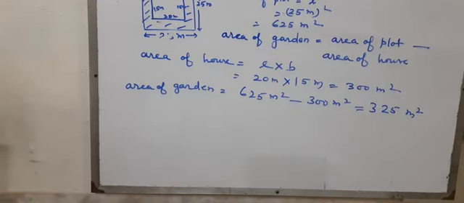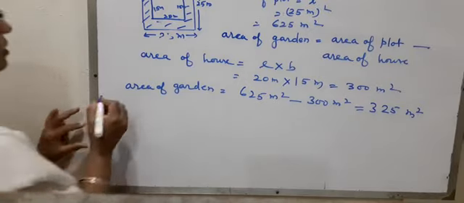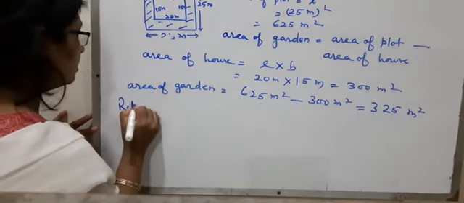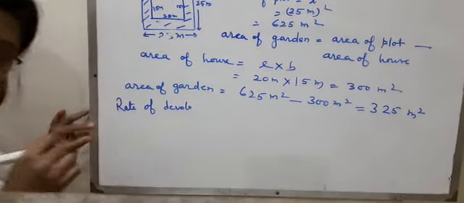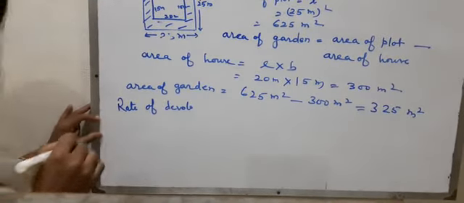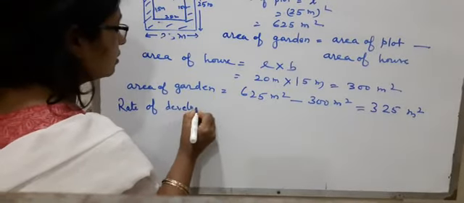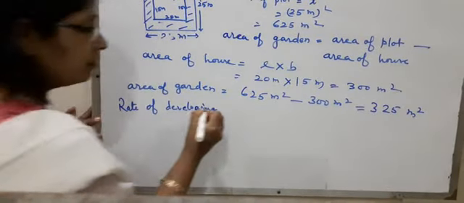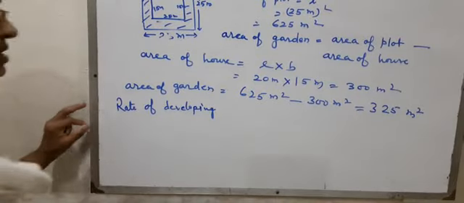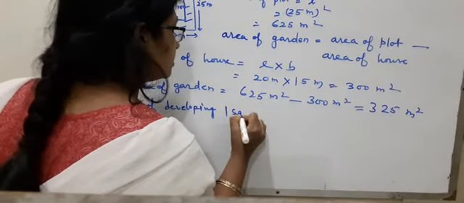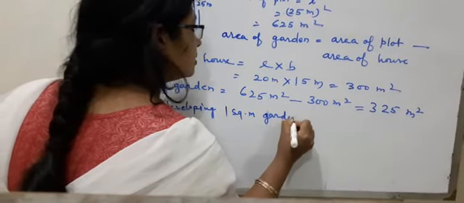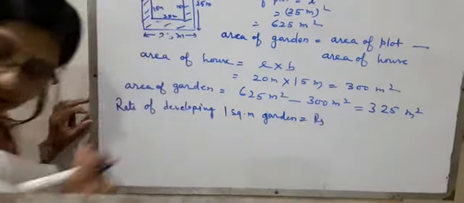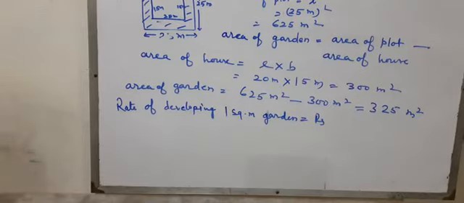We also know the rate of developing 1 square meter garden is rupees 55.